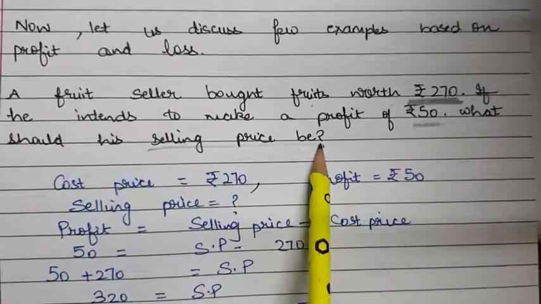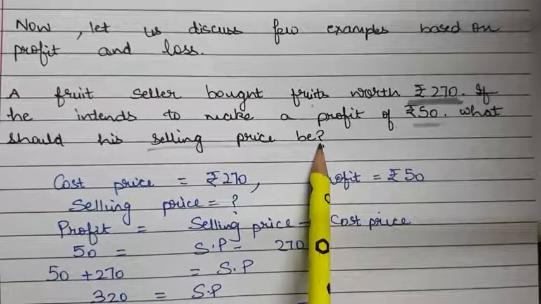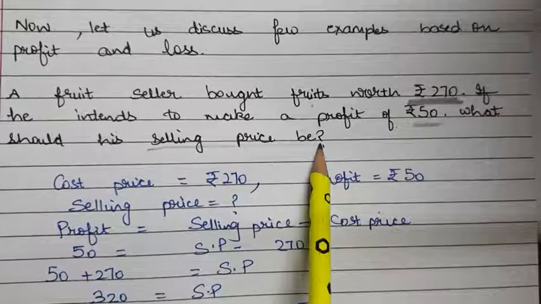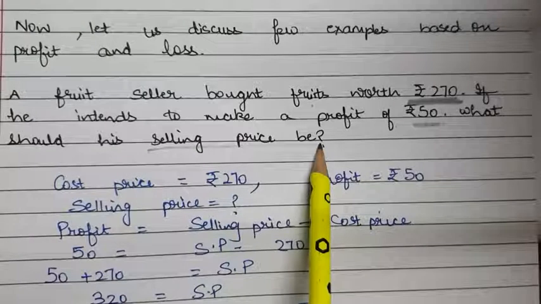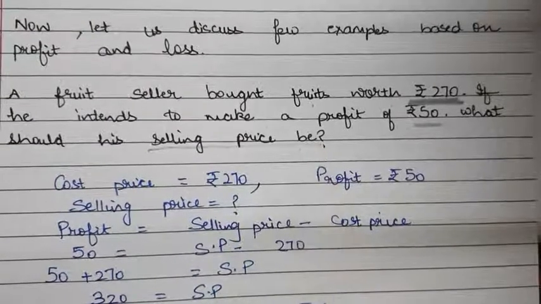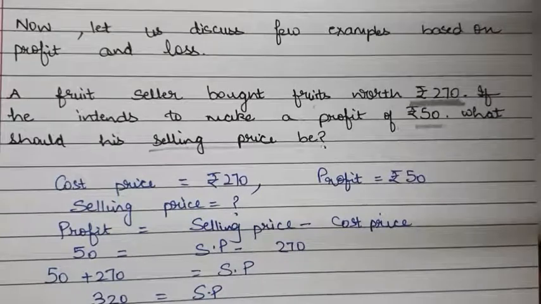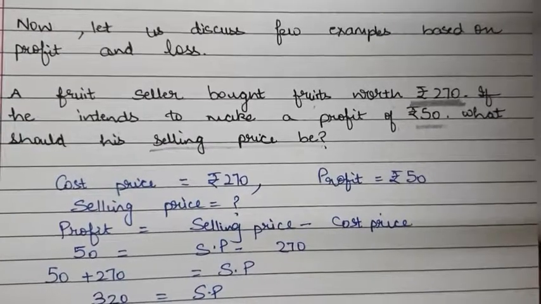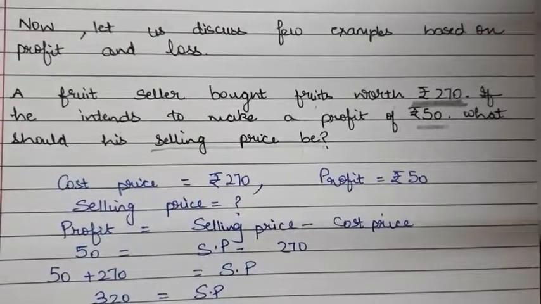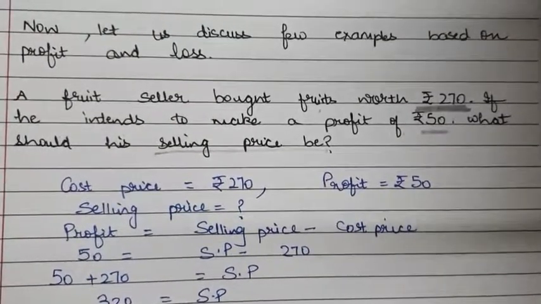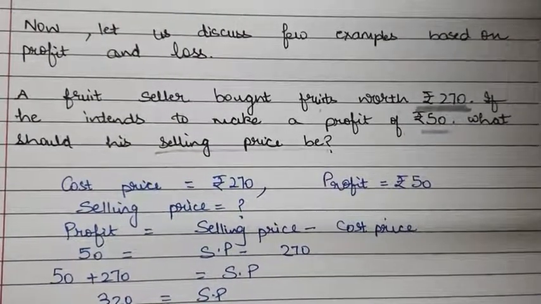Children, in the book, they have given so many formulas: a different formula to find selling price, a different formula to find cost price. But you don't need to learn all those formulas. We have done 4 formulas. Profit is equal to selling price minus cost price. Loss is equal to cost price minus selling price.